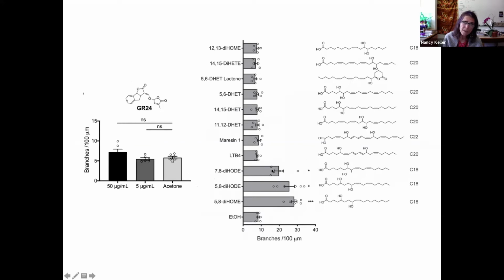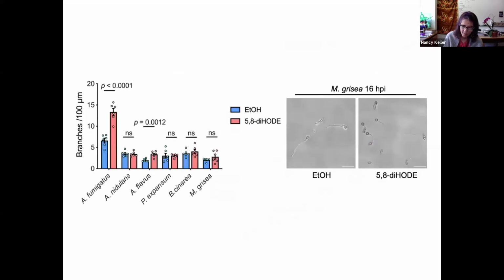So specifically because we knew other fungi made these, and Magnaporthe grisea, the rice blast fungus, made 5,8, we asked, well, is this branching just a response that only Aspergillus fumigatus makes, or are there other fungi?